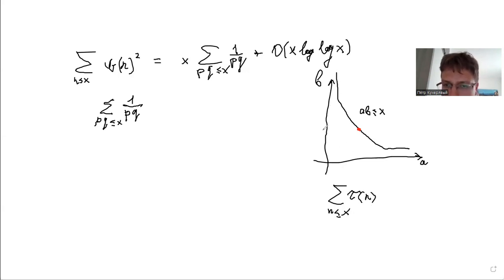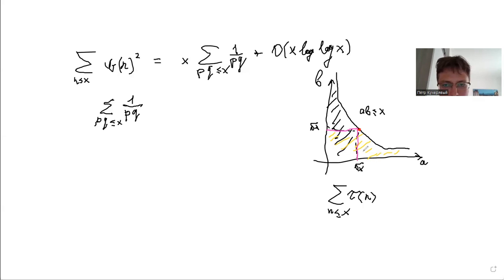Here these are just integer points under this hyperbola. The idea was to find the number of integer points in this area. Here is the square root of x. Multiply by 2, and because of the symmetry you find the number of integer points over this area. After that you subtract the points in this square, and it's easy to find: just the integer part of the square root of x, squared. This was the idea to find the asymptotic formula.